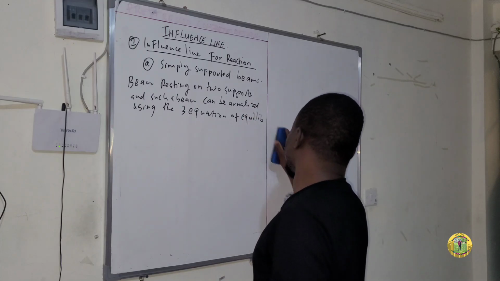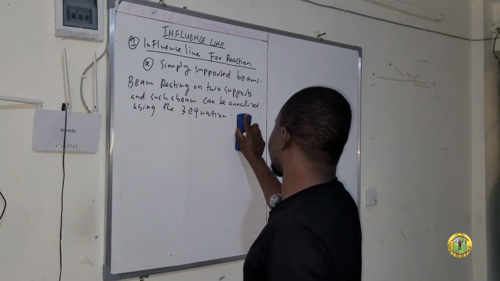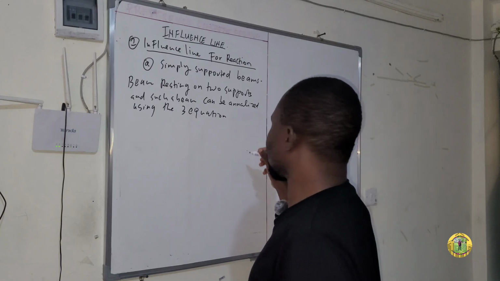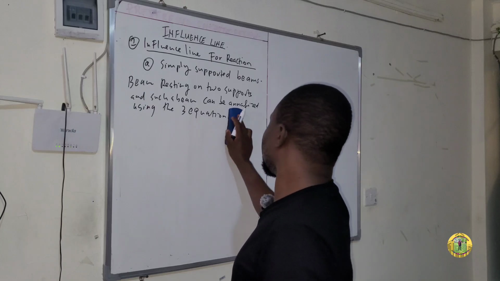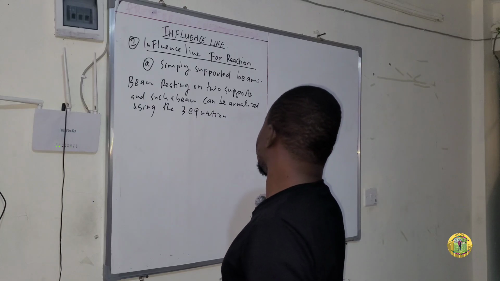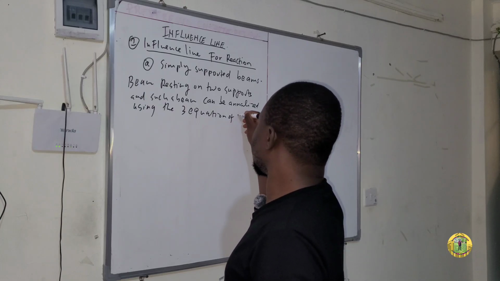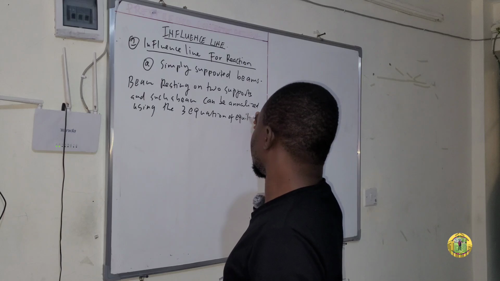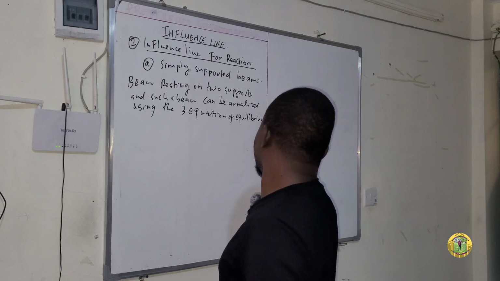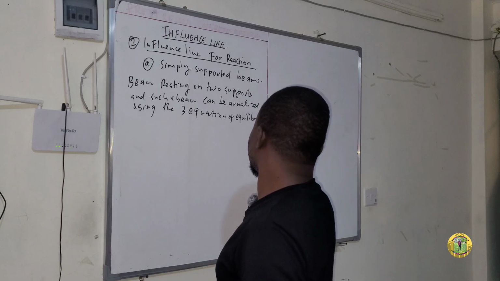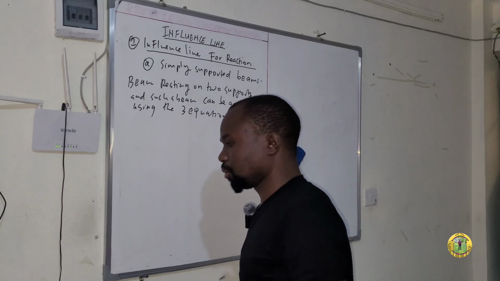I hope you know the 3 equations of equilibrium, which say that summation of vertical forces is equal to 0, summation of horizontal forces is equal to 0, and summation of moment about a point is equal to 0.